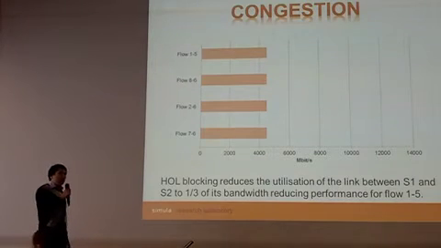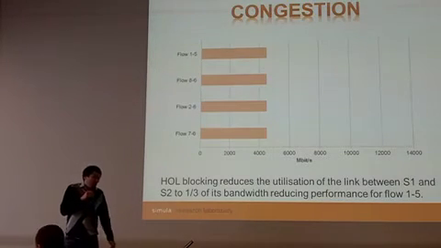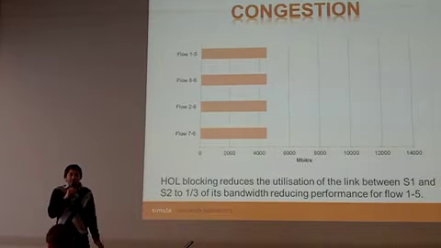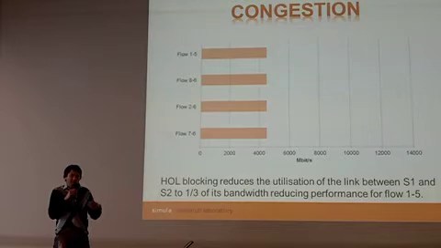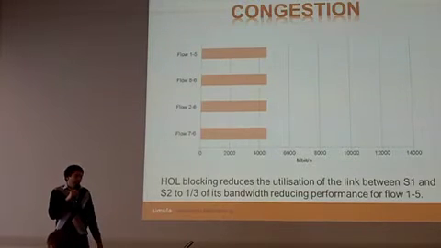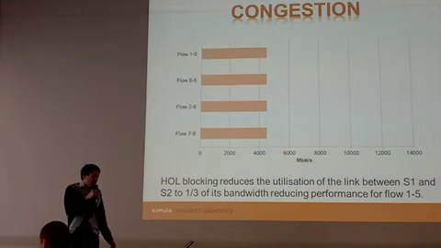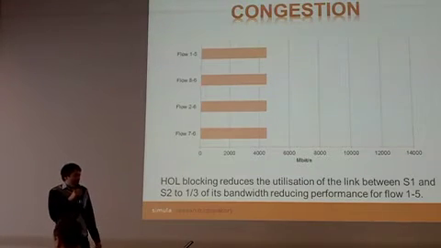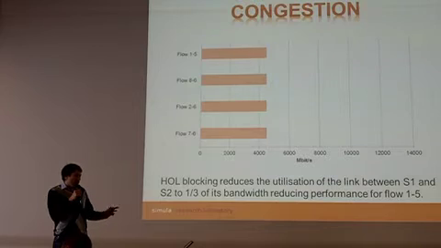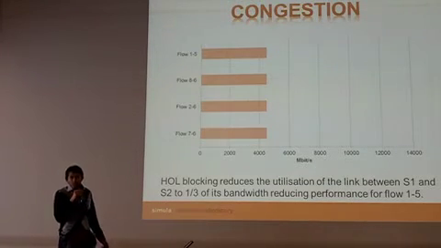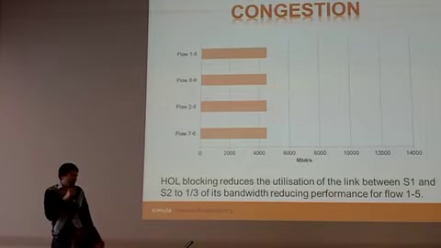But we also see that the victim flow from 1 to 5 is limited to the same performance. And this is again because it is head-of-line blocked by the congested flow. So this shows the severity of the situation, because ideally flow 1 to 5 should achieve about 13 gigabits of throughput in this scenario.